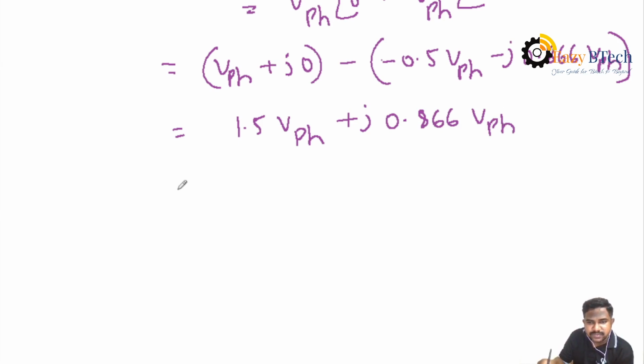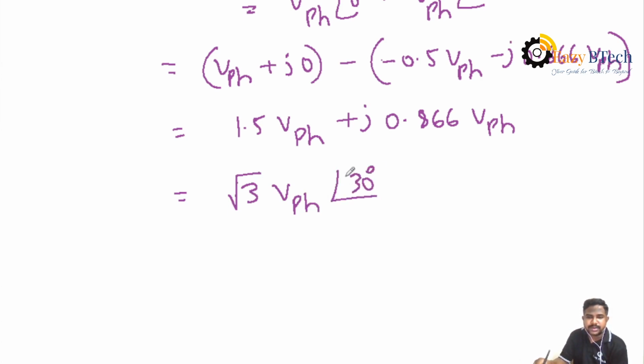Then this Vph will be common. Then 1.5 plus j 0.866 converts into the equivalent polar form. Hence, we will get root 3 Vph at an angle of 30 degrees.